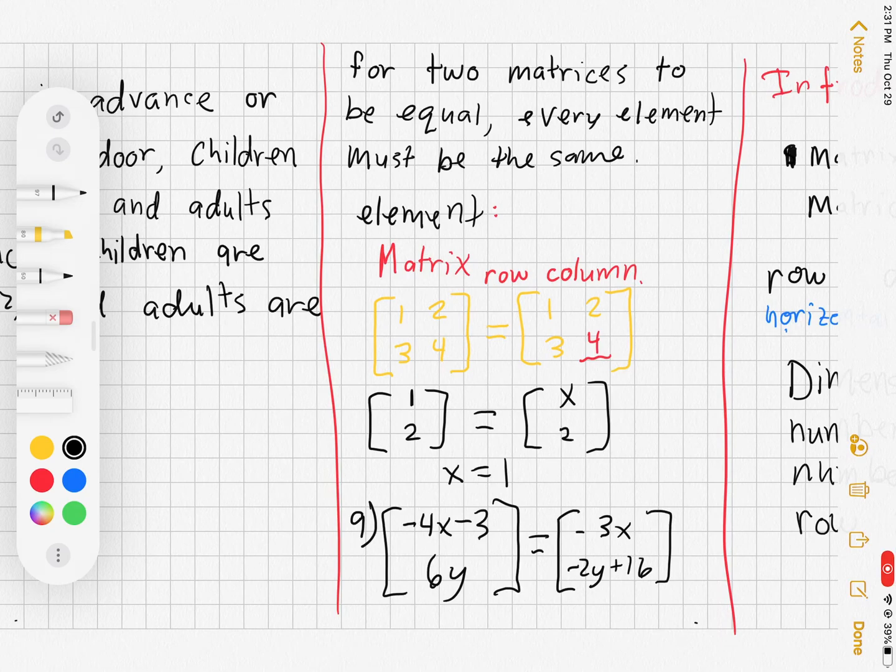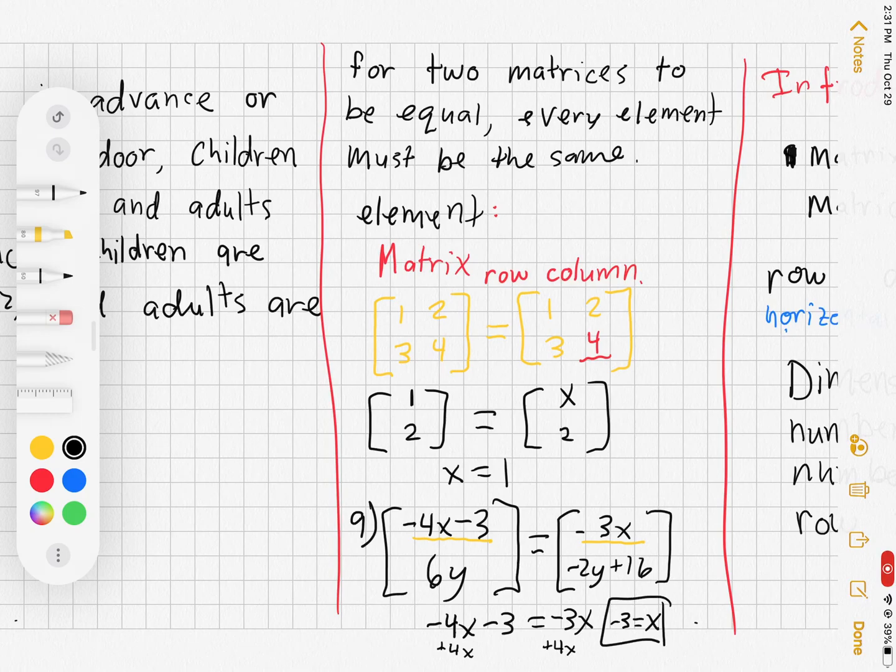So, if these matrices are going to be equal, then this element must equal this element. Or we could rewrite it to look like this. Negative 4x minus 3 equals negative 3x. Well, we can solve that really quick. We add 4x to both sides. We get negative 3 equals x.